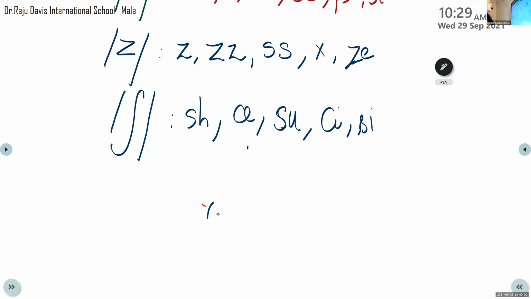And then machine. If you notice the word machine, here CH is giving you a sh sound. Washing machine.